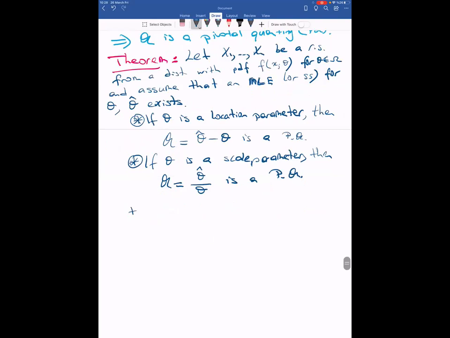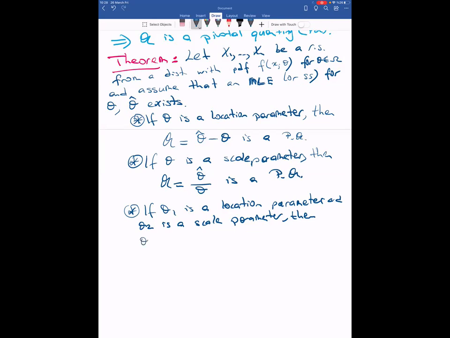And then we have a location scale type. If theta 1 is a location parameter and theta 2 is a scale parameter, like in the normal case, then we have two pivotal quantities, one for each parameter. So we have theta 1 hat minus theta 1 over theta 2 hat. Remember, our pivotal quantity should be a function of this unknown parameter only.